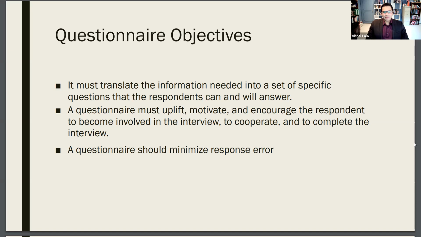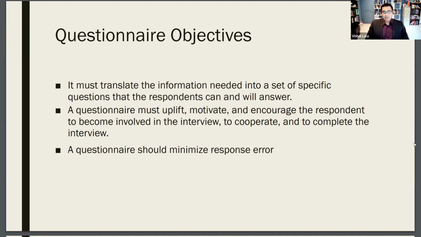Sometimes it might involve giving respondents information about why you're conducting the survey, or promising to share with them a summary of the results of the survey. But you must, as far as possible, try to motivate the respondent to stay on task with the questionnaire.